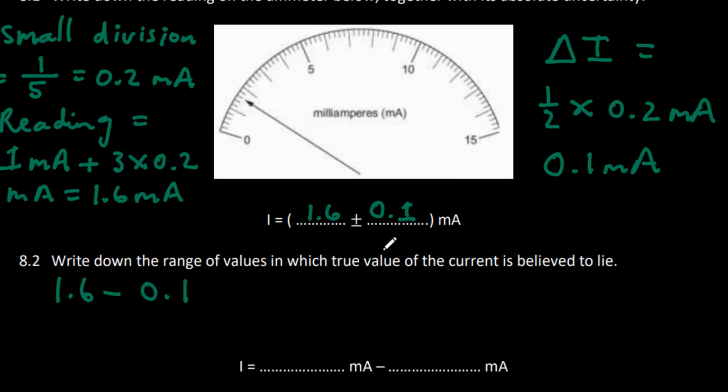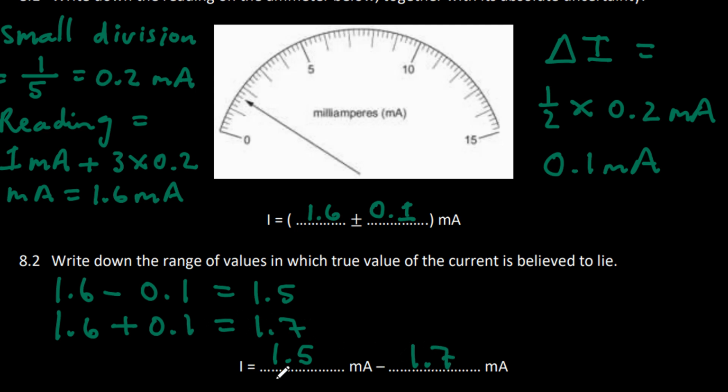So we subtract the absolute uncertainty, and this of course is 1.5. Then we take the measurement 1.6 and to get the upper boundary we add the absolute uncertainty, and this is 1.7. So we are confident that the true value of the current lies between 1.5 and 1.7.